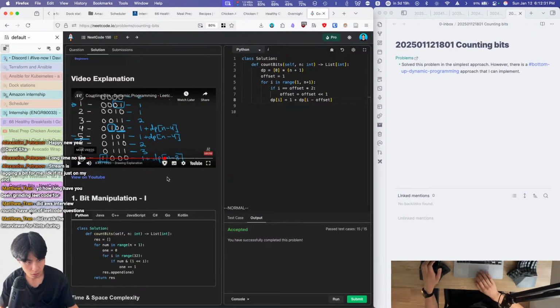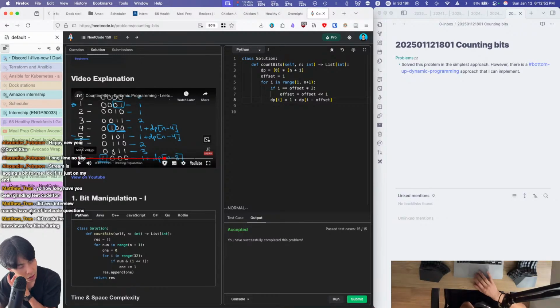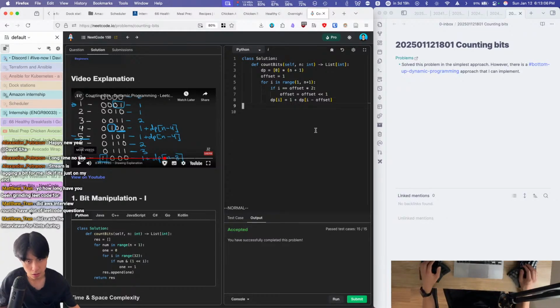Because when we get 0, 4 gets 1 significant bit higher, 5 gets 1 significant bit higher, 6 gets 1 significant bit higher, 7 gets 1 significant bit higher, 8 gets 1 significant bit higher than 1, 9 should get another significant bit higher than 1. Yeah, okay, that's still crazy to think about. And then return dp.